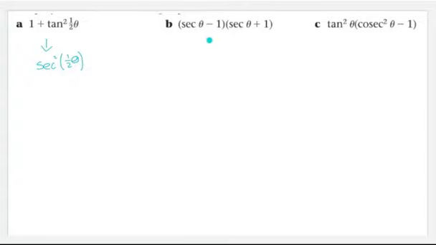With the second one, just to help you out, you're going to need to expand the bracket. So I'll give you both a chance to do that. Again, I'm just walking through with you to get you familiar with the identities. You're going to need to expand the bracket.